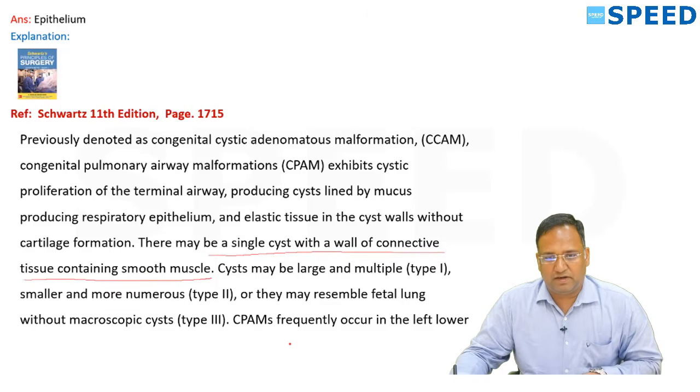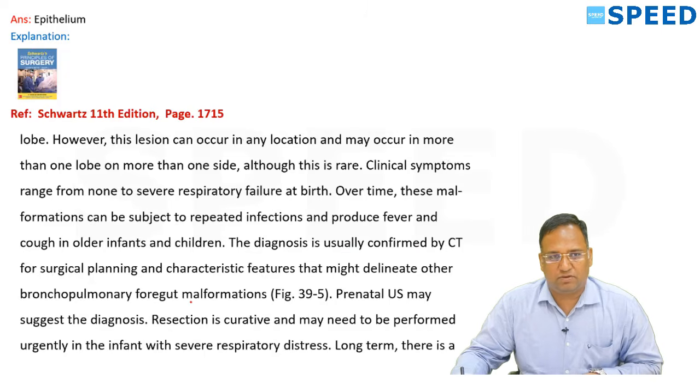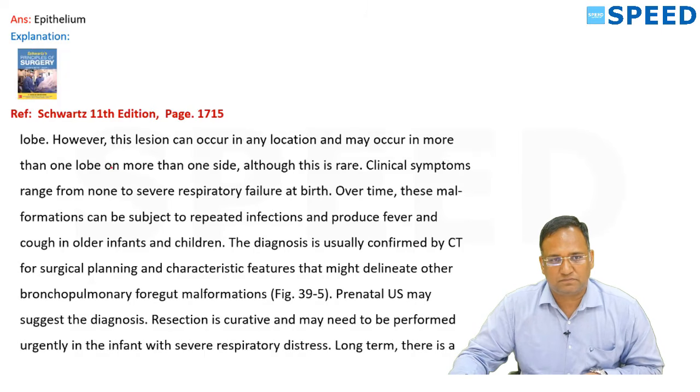So, congenital adenomatous malformation of the lung occurs most commonly in the left lobe. However, this lesion can occur in any location and may occur more in one lobe than the other side. Clinical symptoms range from none to severe respiratory failure at birth. Over time, these malformations can be subject to repeated infections and produce fever and cough in older infants and children. Diagnosis confirmed by CT.